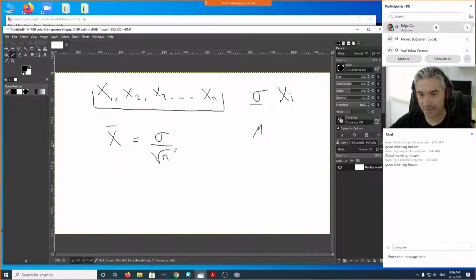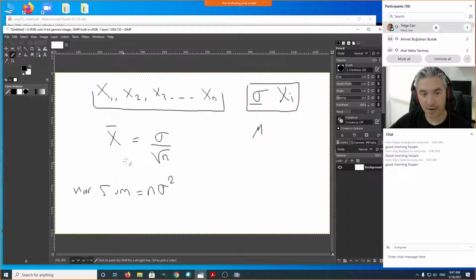We have derived this formula because the variance of the summation is going to be n sigma squared if each xi has a standard deviation of sigma. Because of the linearity of variance, the variance of the sum is going to be equal to n times the variance of individual samples.